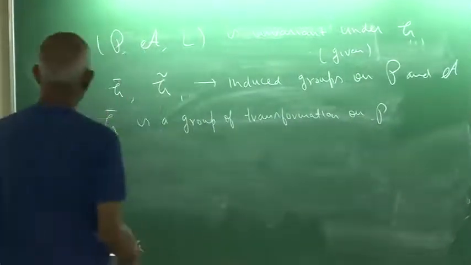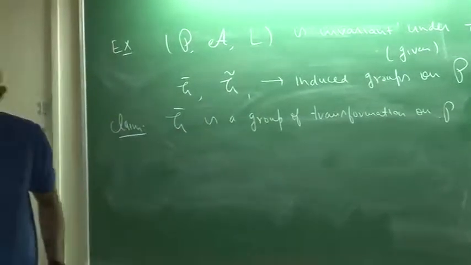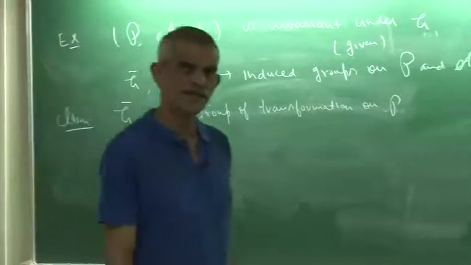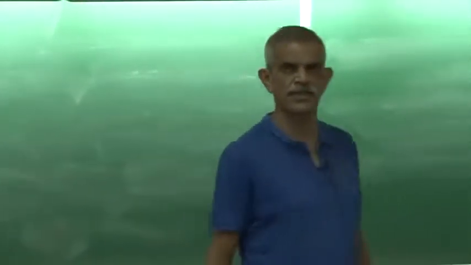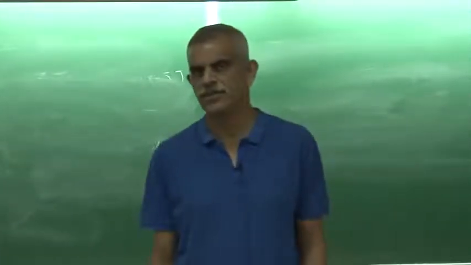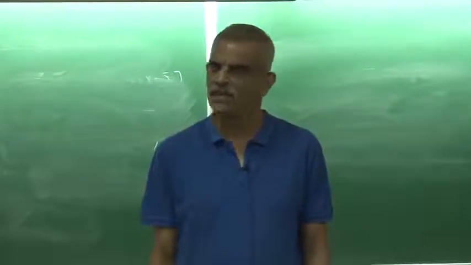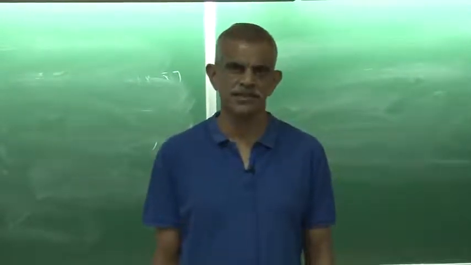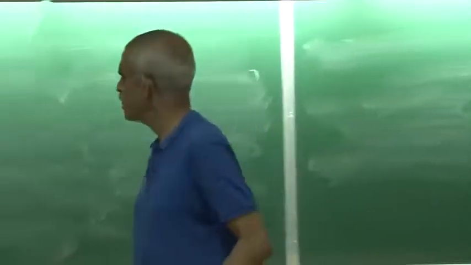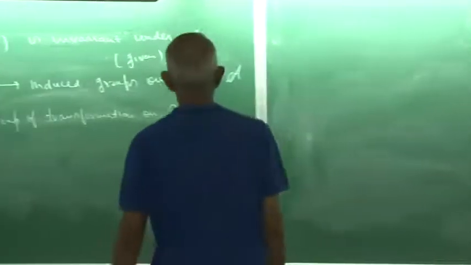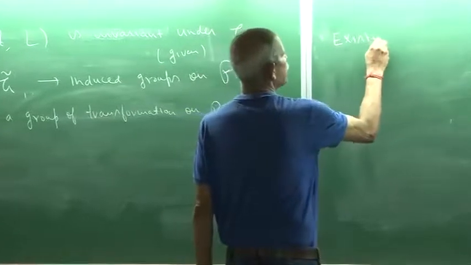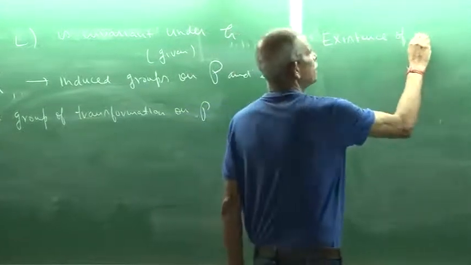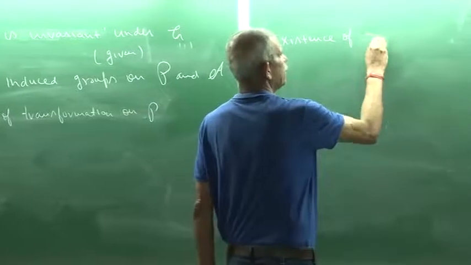Then you show that it is closed under composition. That means if G bar 1 and G bar 2 are in G bar, then composition of G bar 1 and G bar 2 is in G bar. And finally, you have to show the existence of inverse. So let us try to do it one by one. So first, I do existence of identities.